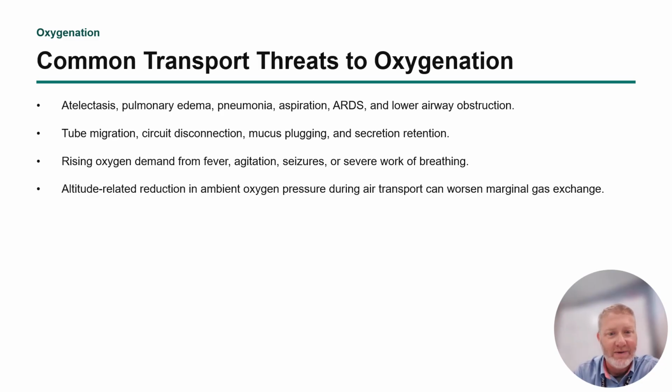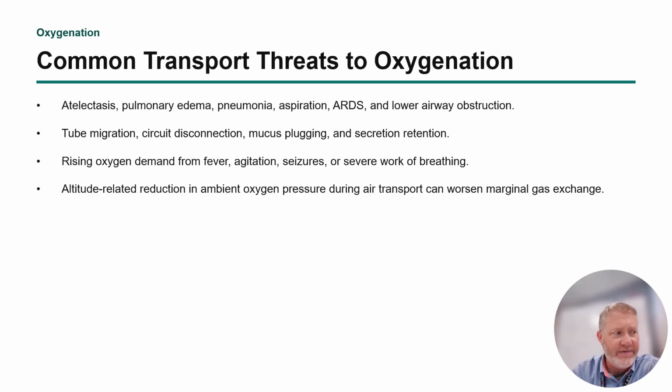Any time you have a circuit disconnection or a leak, any mucus plugging or retained secretions within the airways, those can suddenly increase resistance or block airflow, and really decrease the patient's PaO2, or partial pressure of arterial oxygen, which is a value on the arterial blood gas result.